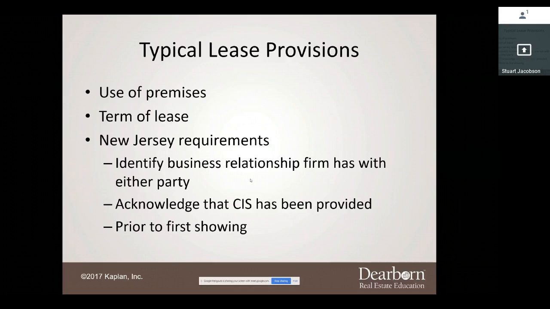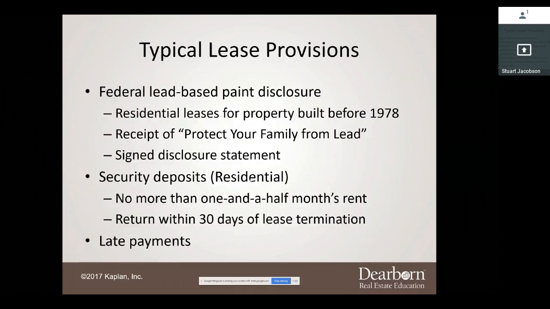Same thing goes as for sales. So rentals, same deal here. Nothing changes. Also, when we're talking about lead-based paint, if it's built before 1978, a tenant must get a lead-based paint brochure, and they must sign a disclosure statement understanding that there are either reports and knowledge of lead-based paint in the home, or there are no reports that the homeowner has of lead-based paint in the home.